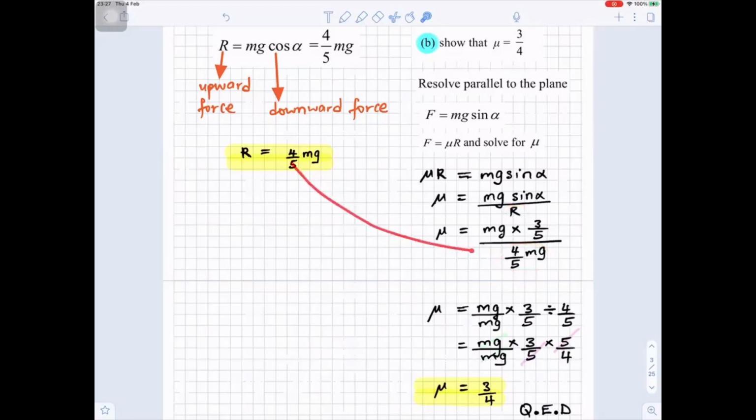So it will be mg times 3 over 5 divided by 4 over 5 mg. The mg will cancel. 3 over 5 times 5 over 4, because you flip them and change that to a times. So you end up with mu equal to 3 over 4. QED, quod erat demonstrandum, as required to show.